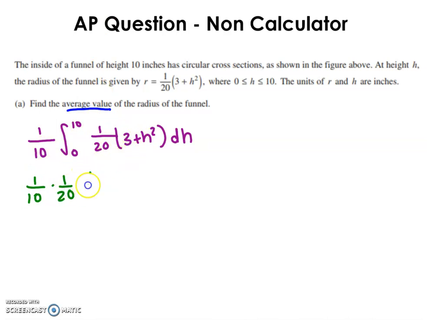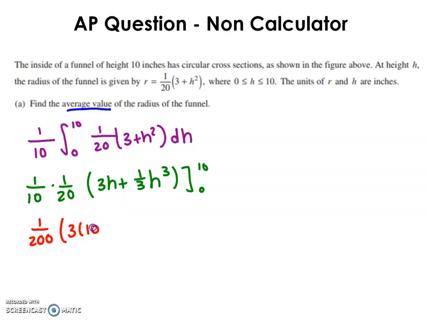If I take the antiderivative of 3 plus h squared dh, this is going to give me 3h plus 1/3 h cubed. And I'm evaluating that between 0 and 10. So right now we've got 1 over 200 on the outside. And then what I'm going to do is just plug in my 10 for h here first.